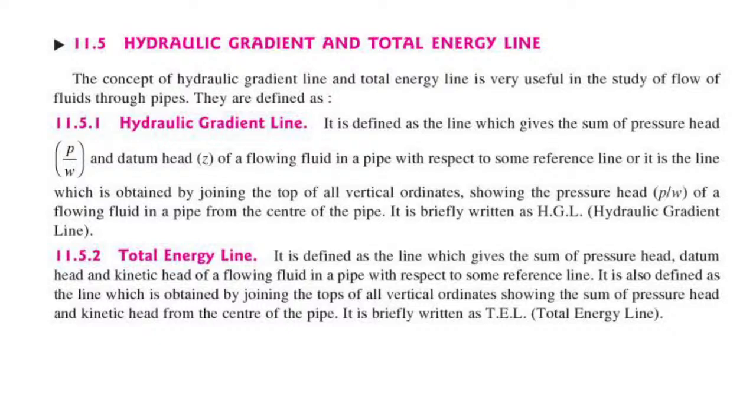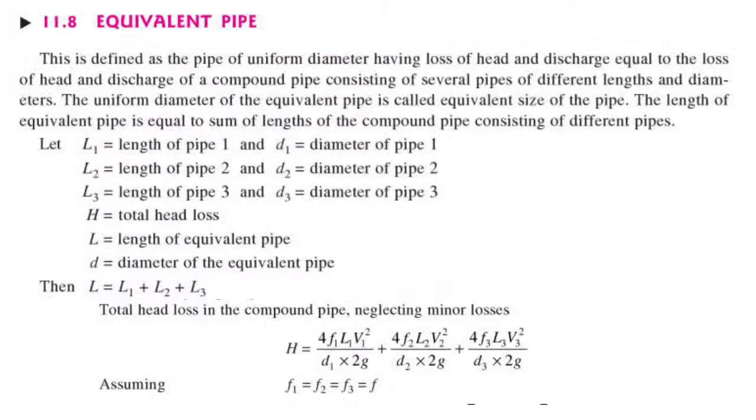This is nothing but the datum line: how we represent it mathematically, what the constraints are, from where we measure, and how these lines differ from one another. This is a theoretical part. I suggest you refer to this theoretical portion by yourself, so I am skipping this as of now.